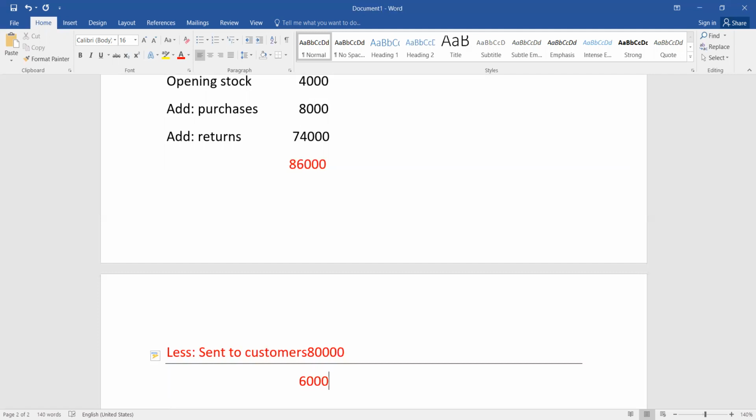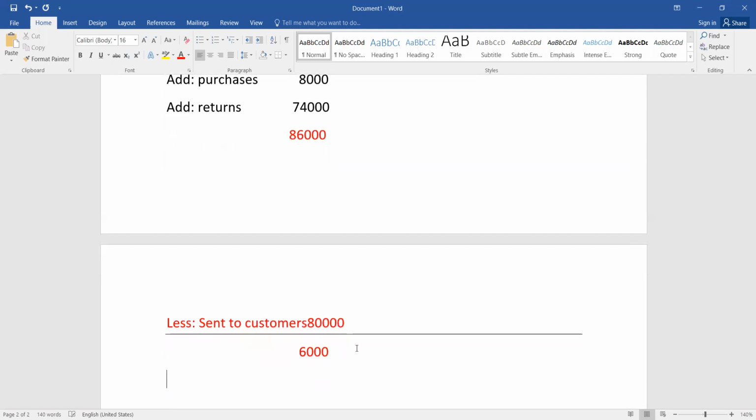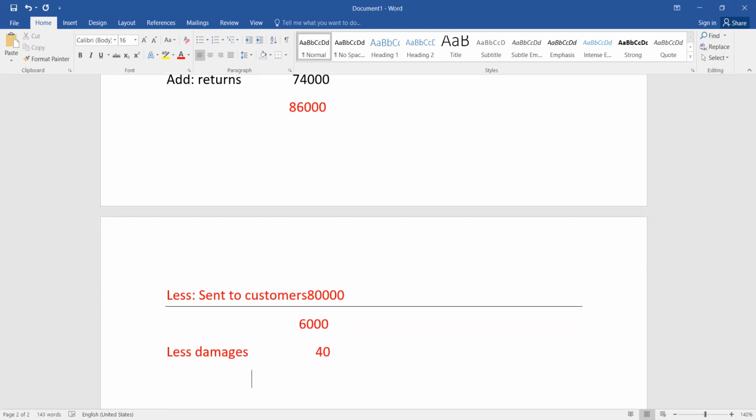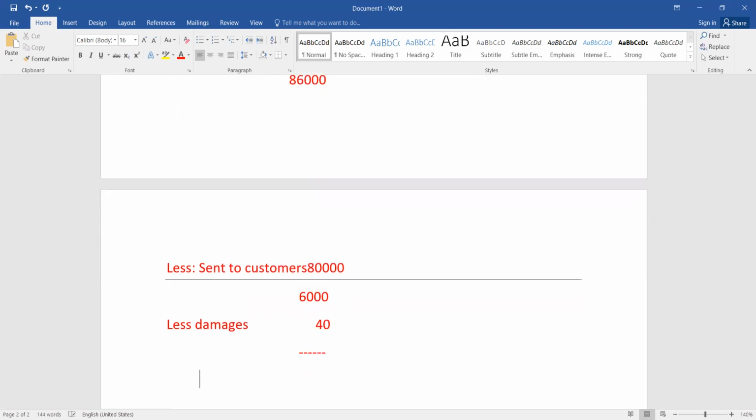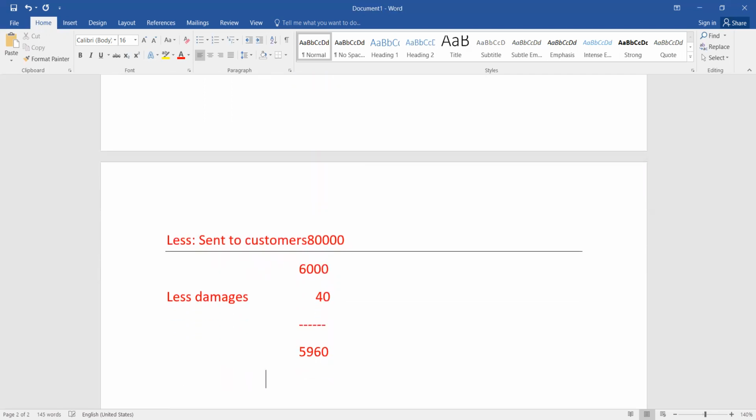So 6,000 is the stock that we have. Out of this 6,000, there were damages during the year. So less damages: 40 were damaged and 40 were repaired. So we have a stock of 5,960 in the company. 5,960 is the closing stock in the company.